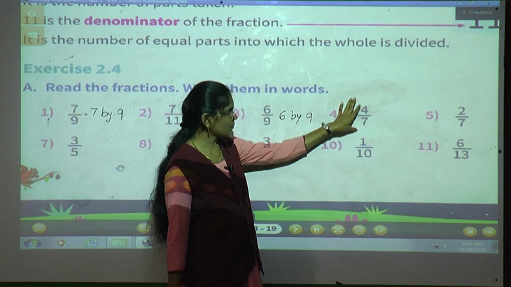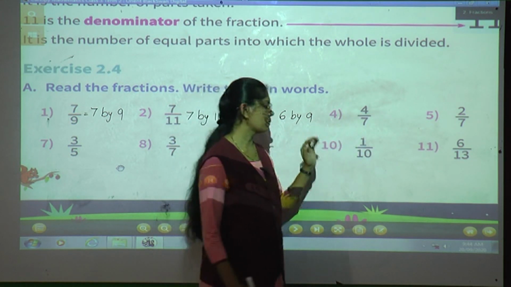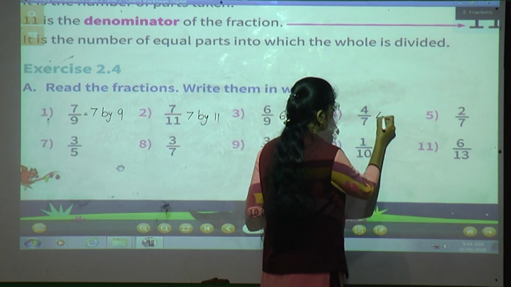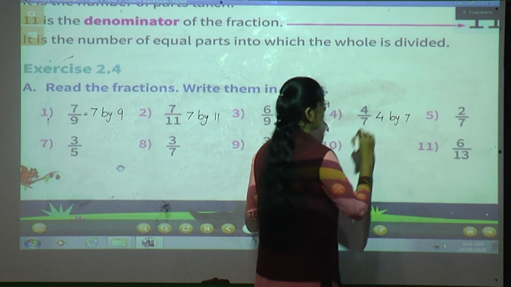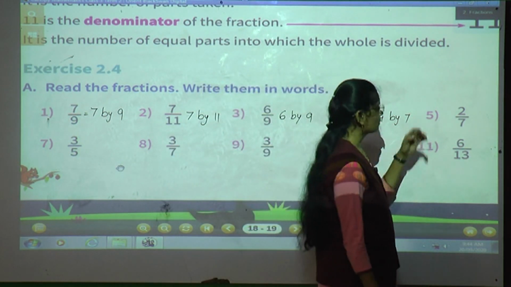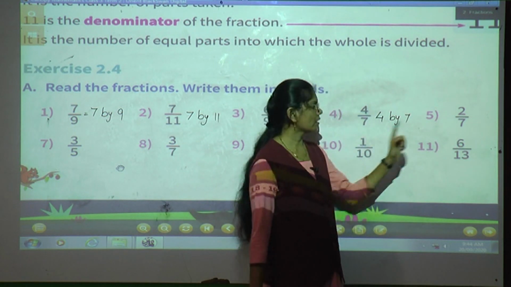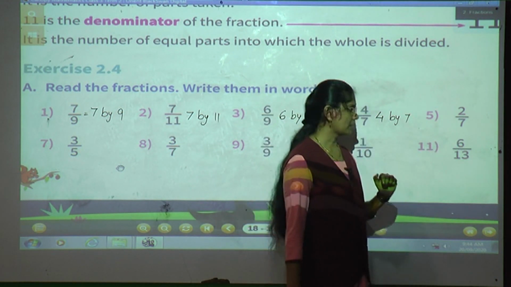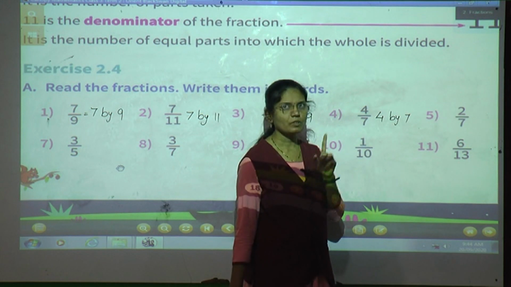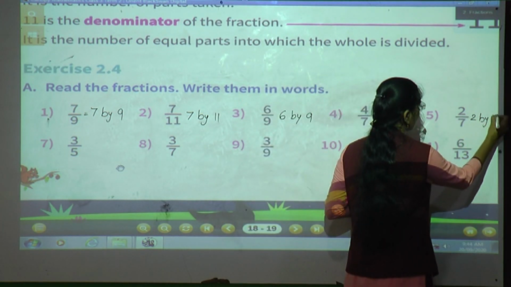In this fraction 4 is the numerator and 7 is the denominator. So we can write here 4/7. In this way we can read this fraction. Then this fifth one. Here 2 is the numerator and 7 is the denominator. So how will you read this fraction? 2/7. So here you can write 2/7.